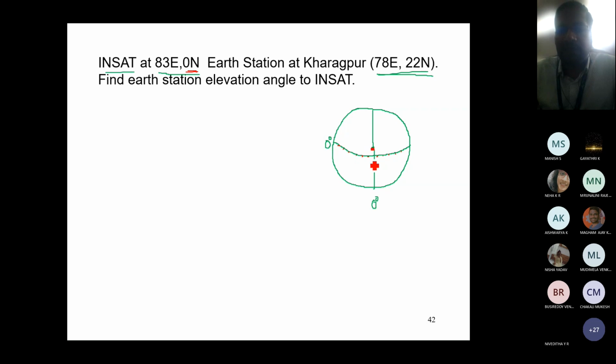So it will not pass anywhere; it will pass at a point which is at 83° east longitude. Suppose this point is 83° east longitude. Longitude means this vertical line. So this is the location of your sub-satellite point.